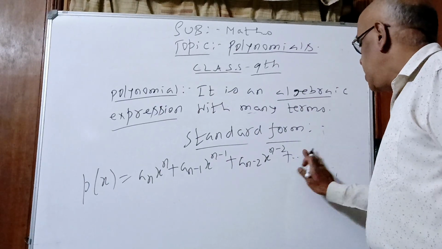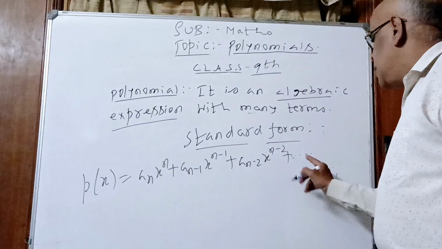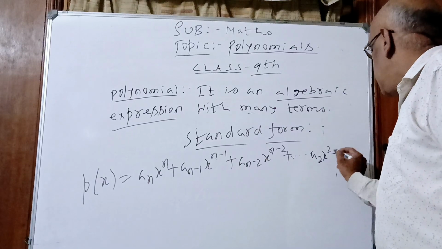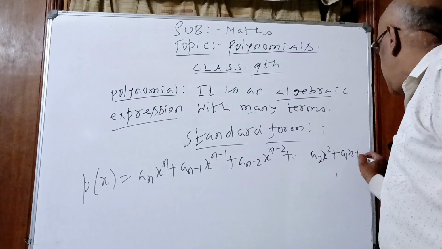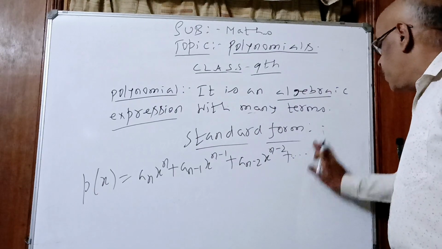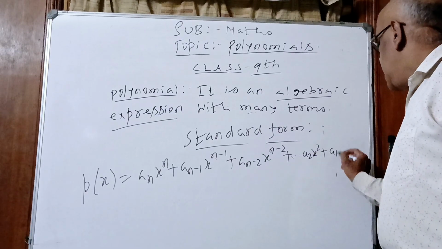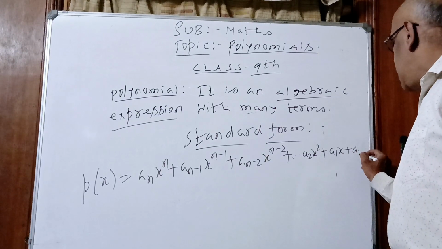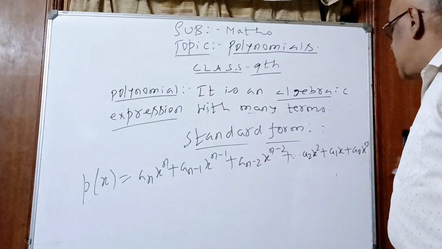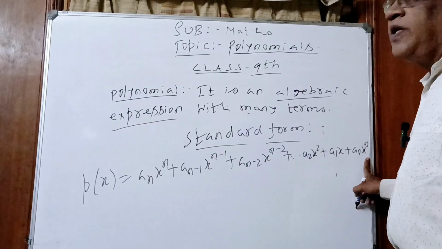I'll write it here only. What happens here? x square goes on decreasing. a_2 x square plus a_1 x plus a_0 x to the power of 0. The x power starts from n, goes on decreasing, and comes to x to the power of 0. x to the power of 0 means 1.